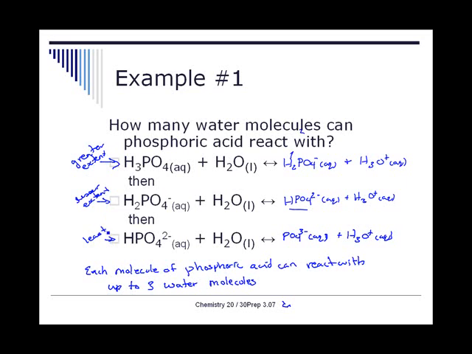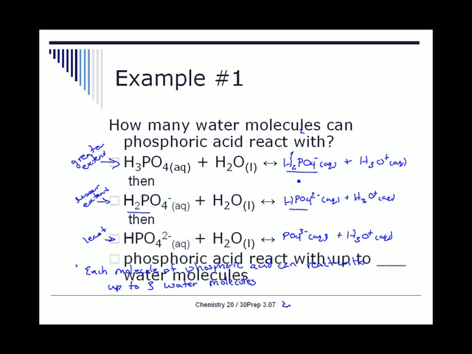In order for each progressive reaction to happen, we have to have some of the reactant present. In other words, in order for this H2PO4 to react, some of it had to be produced in the first place from our initial reaction. So phosphoric acid reacts with up to 3 water molecules.